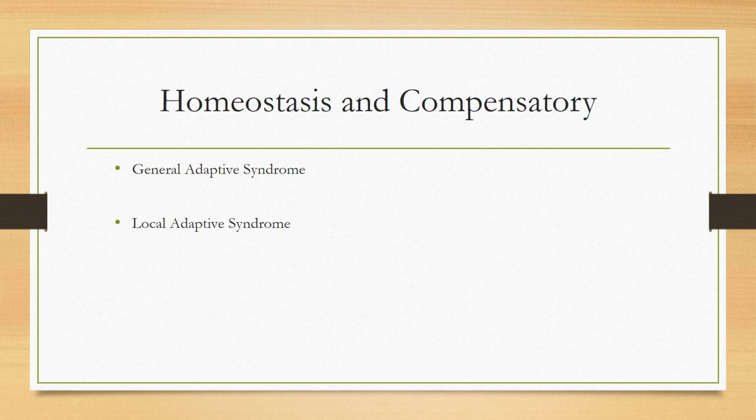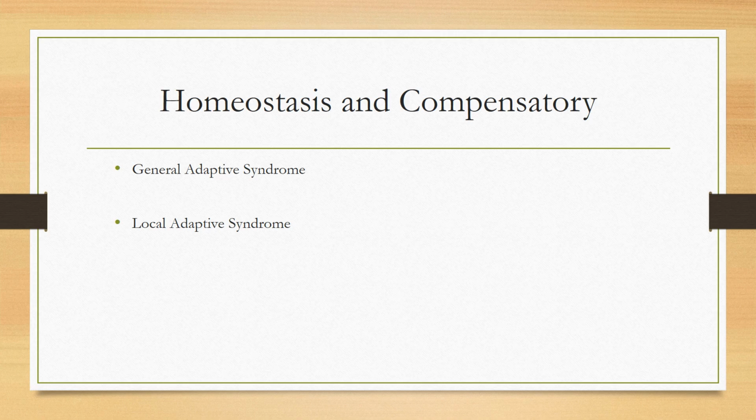At a local level, we have the inflammatory response that kicks in, and that is a compensatory factor that happens when we have injury to tissues and cells, and the immune system kicks in and comes to help and comes to rescue.